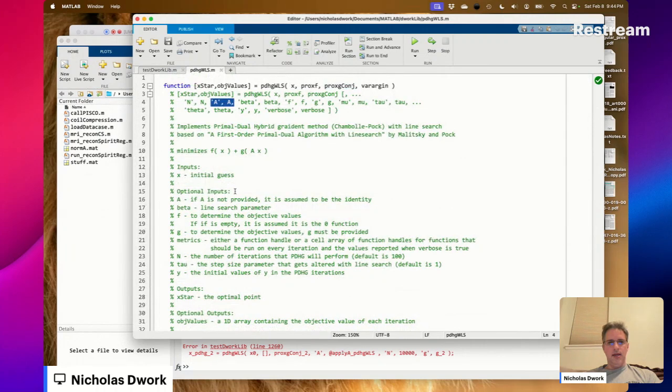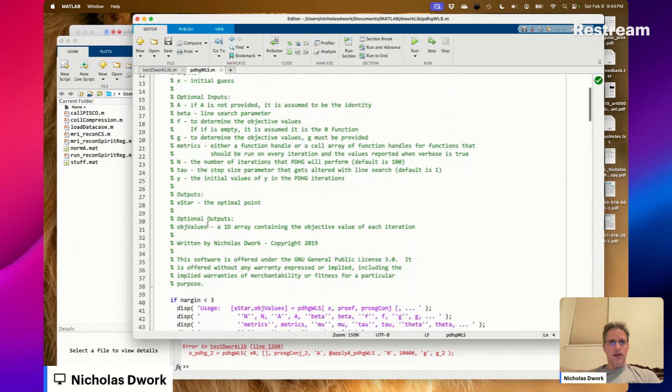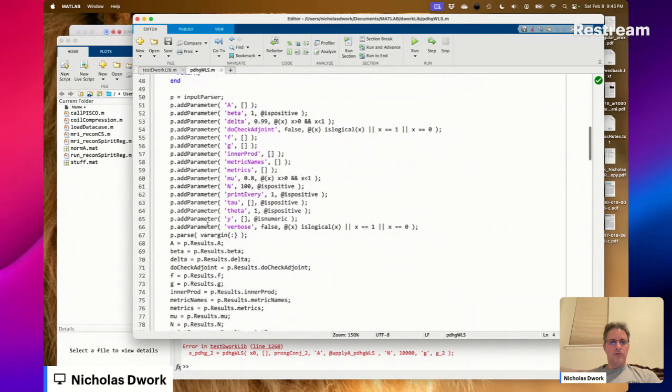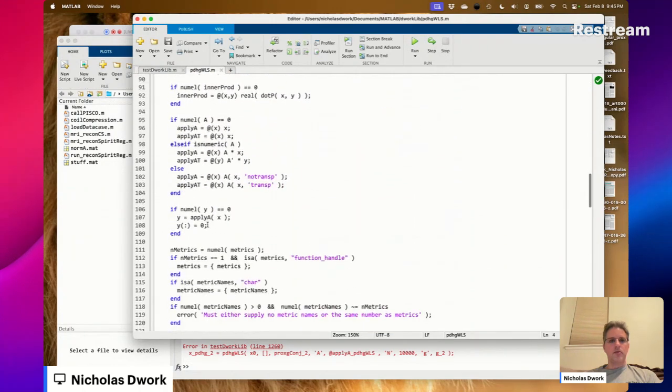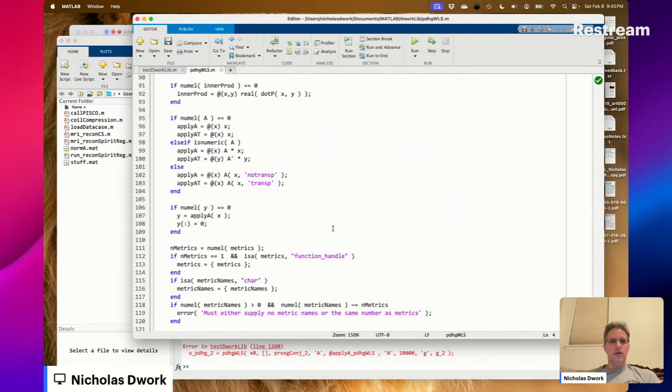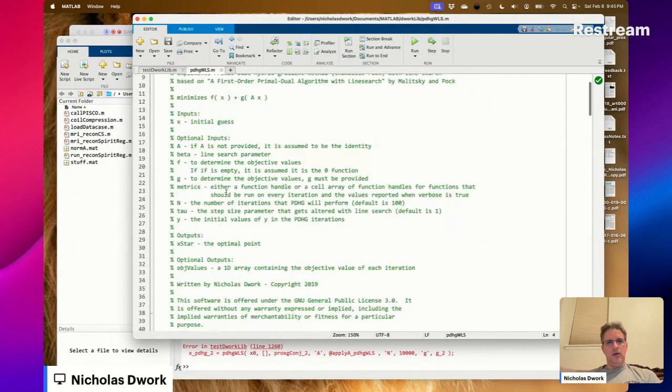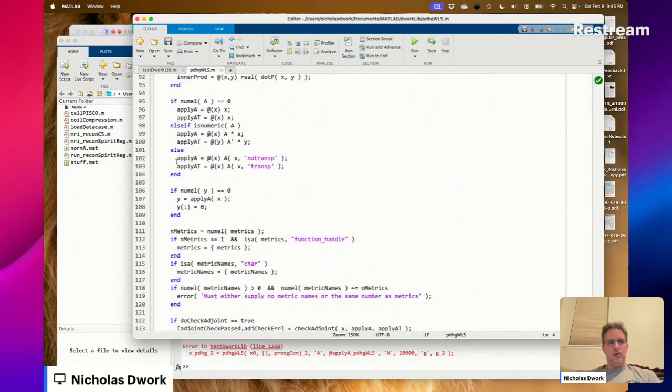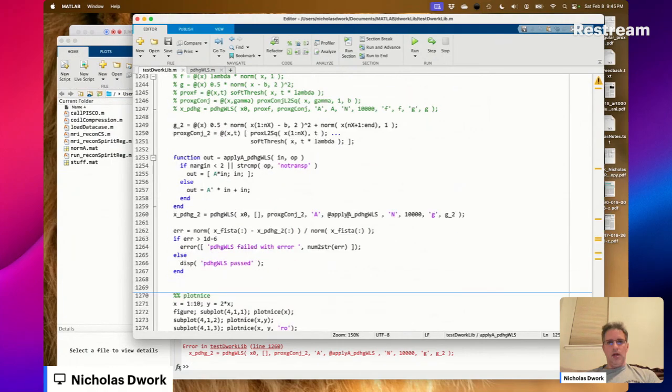And then A. I'm passing in a function handle, the function handle to this function. Why isn't it working?